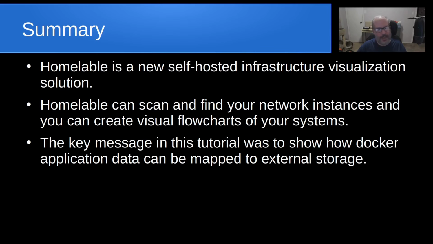In reality, it probably wouldn't be the use case you would choose, because storing the data for HomeLabable inside of its Incus container would have been the simplest thing to do. But sometimes an application has large storage requirements, or sometimes you want that data backed up elsewhere for other reasons.